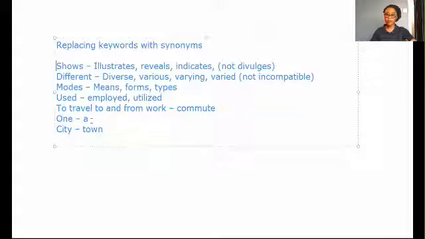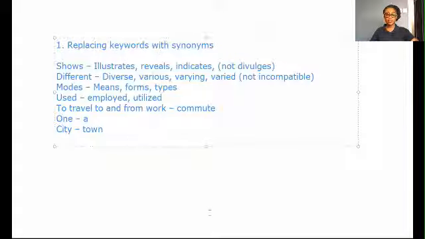We have city, you can use town. So when you're replacing keywords with synonyms, these are some examples with regard to the question that we are looking at. So this is the first strategy that you can use when you are paraphrasing a description.